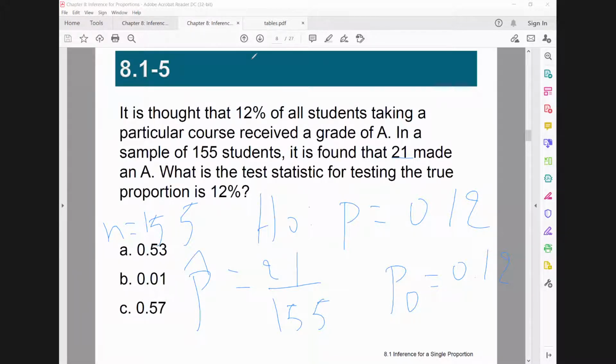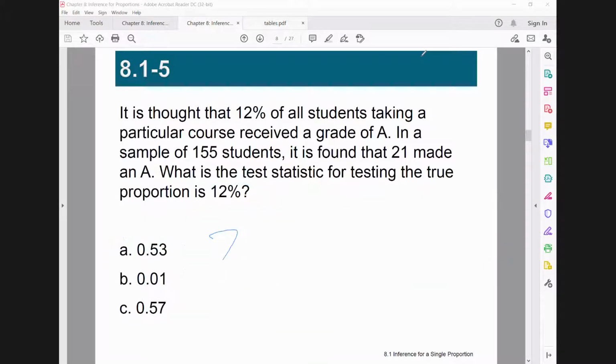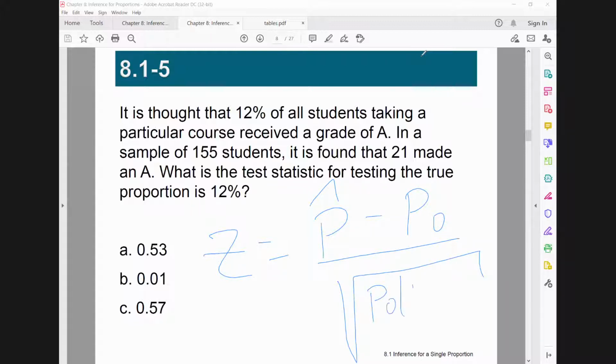Then here the test statistic, that means we have to evaluate Z. What about Z? I have P hat, I have P naught. Z is given by this formula: Z is equal P hat minus P naught over root the standard deviation, which is P naught times 1 minus P naught over N. We have all the requested.